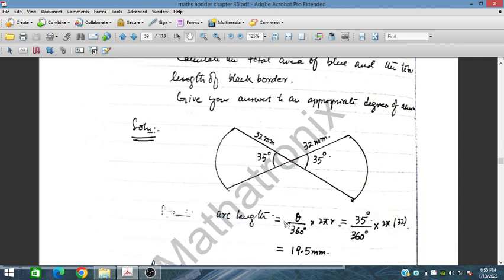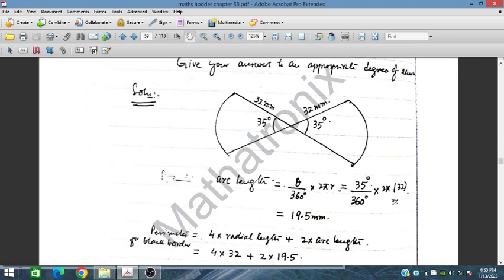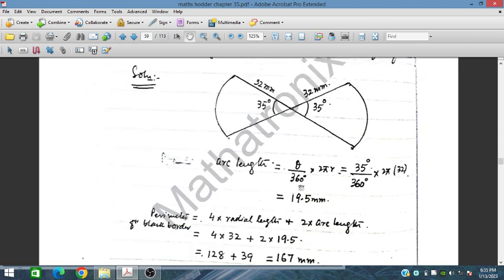So arc length is theta divided by 360 degree times 2 pi r. So arc length is obtained as 19.5. This arc length is also 19.5. So we have these two arc lengths, twice the arc length, and this radius, this is also a radius.